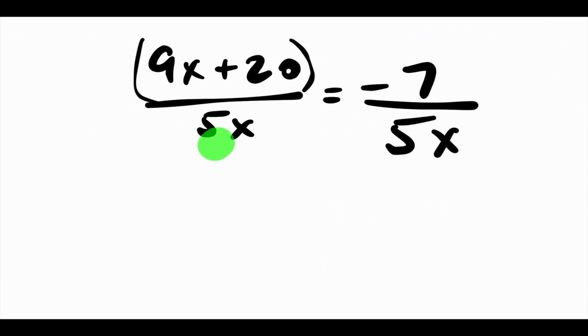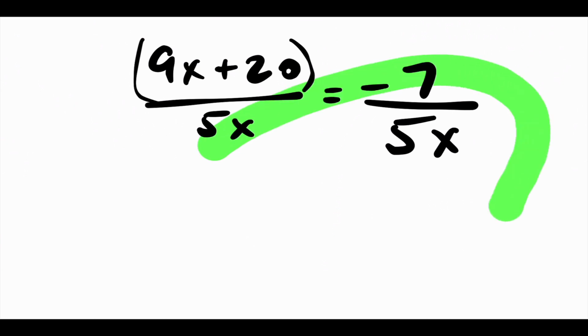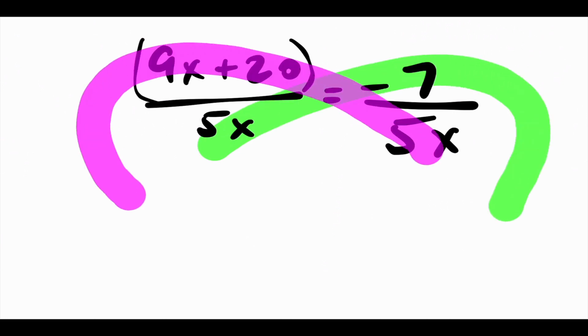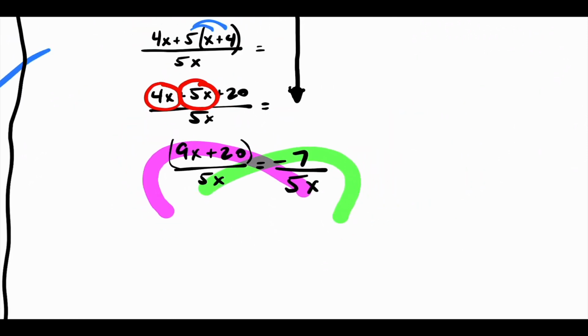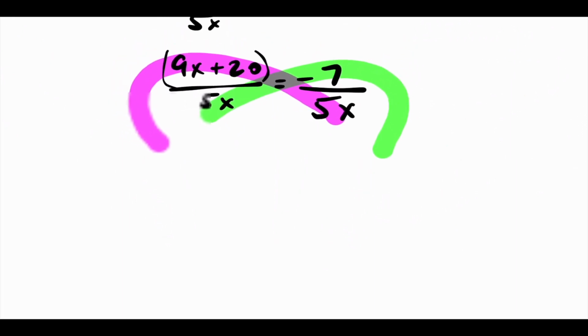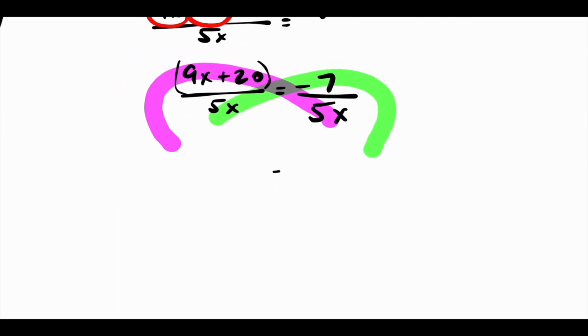We're going to cross multiply. And we continue like we did on the last 2 problems. The green side is 5x times negative 7, negative 35x. The other one is 5x times 9x plus 20.